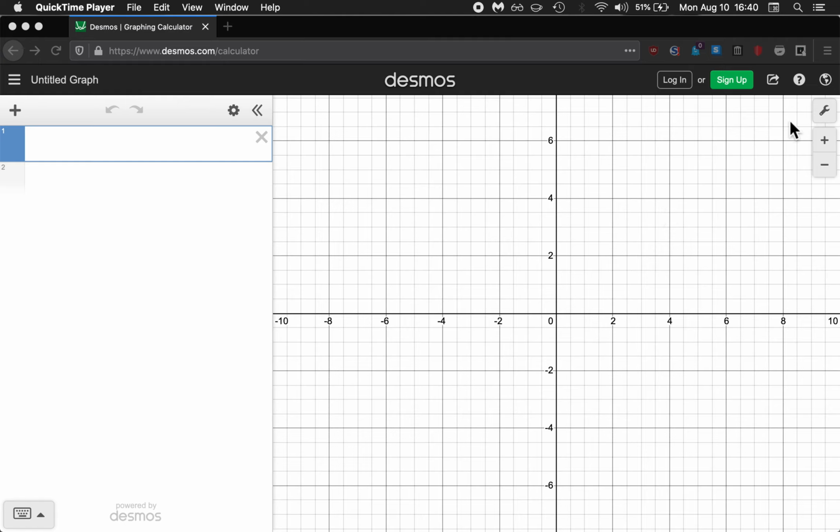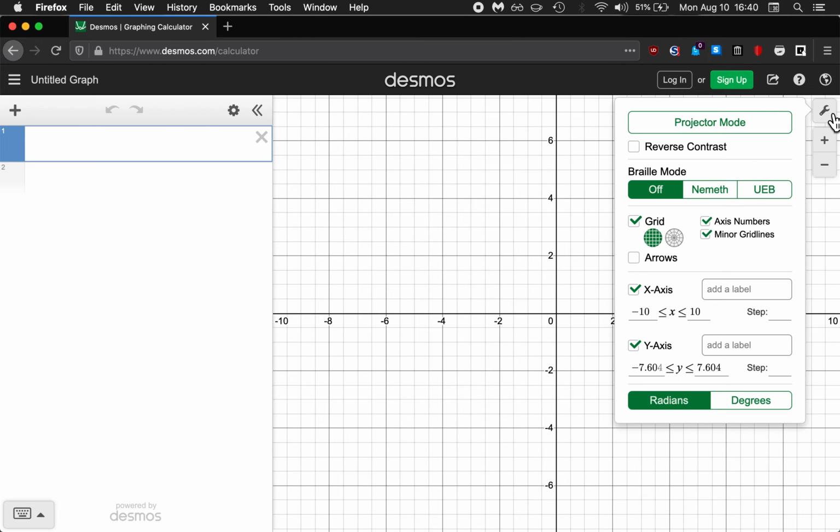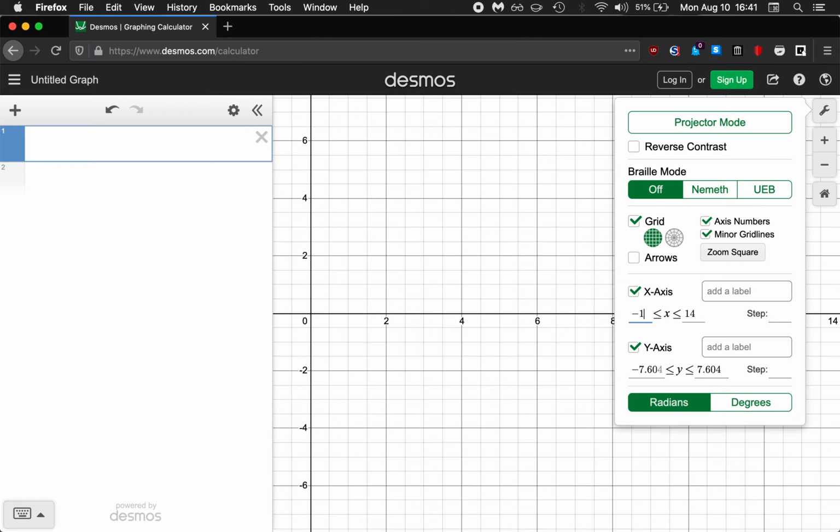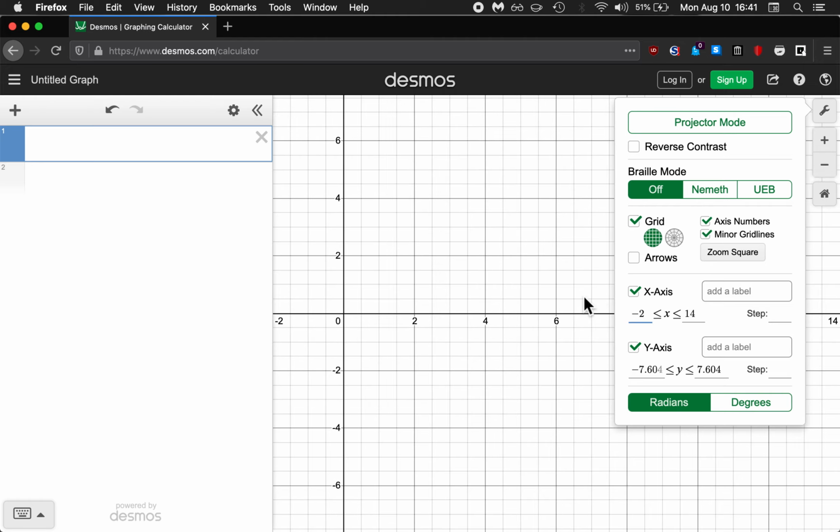So first thing I'm going to do is change the parameters here. My x-axis is going to start at minus 10. I'll keep that, and it's going to go up to 14. I do that so I can see 0 up to 12 hours.